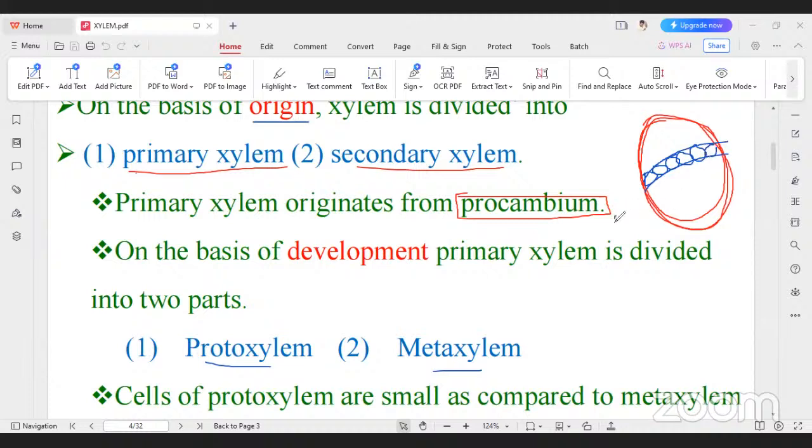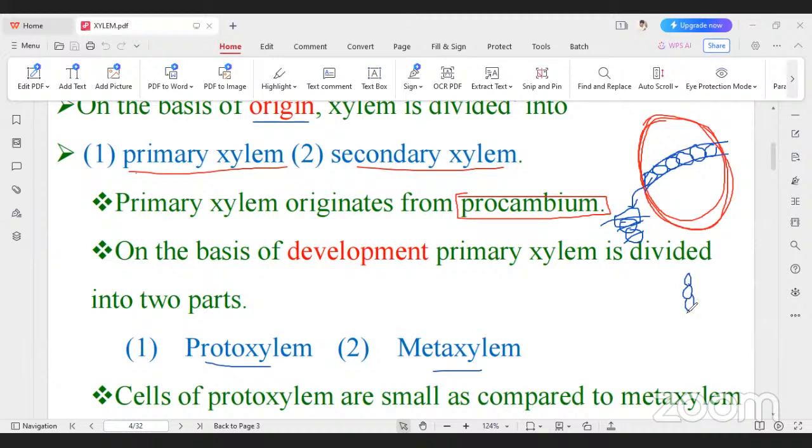On either side they divide. One plane of division forms two cells, and one develops into one cell. Again it divides in another plane, forming other cells. Again and again it divides, always forming like this.